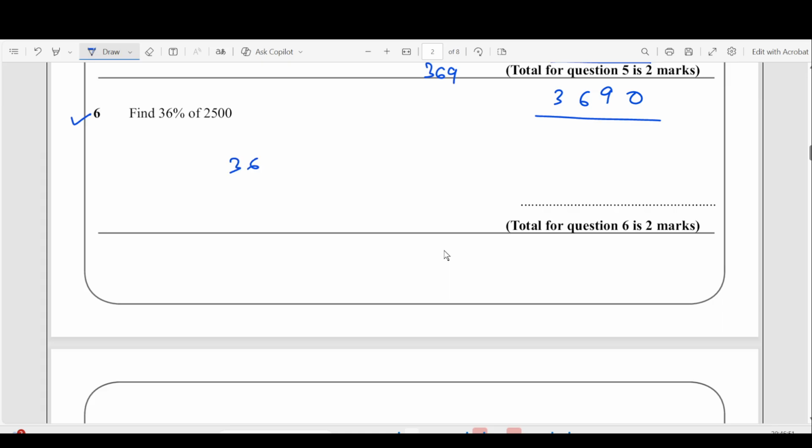36 over 100 times 2,500. Cancel out the zeros.